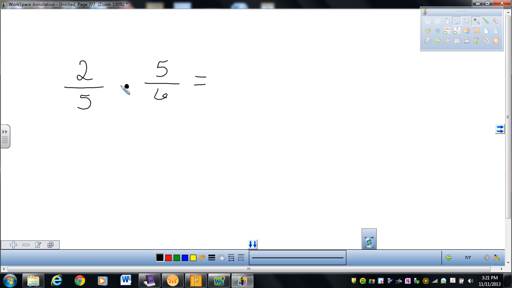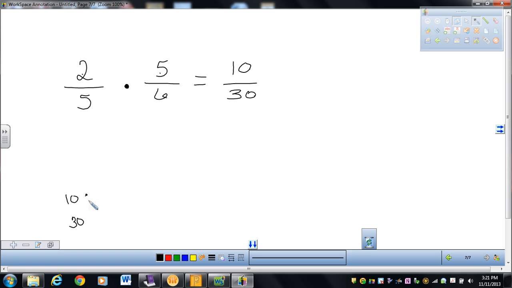So when I see the multiplication, I can just say, well, 2 times 5 is 10, and 5 times 6 is 30, and there you go. Now, this one does need to be reduced, so I can see what goes into both 10 and 30. Well, if I wanted to do this, I could do this.